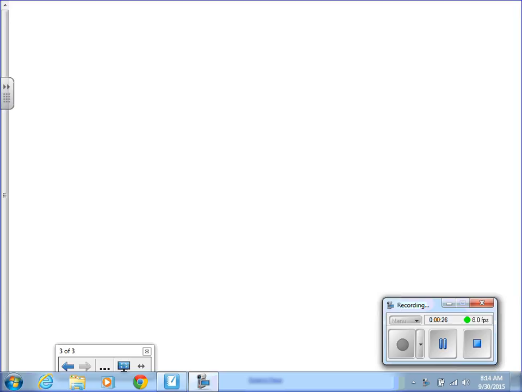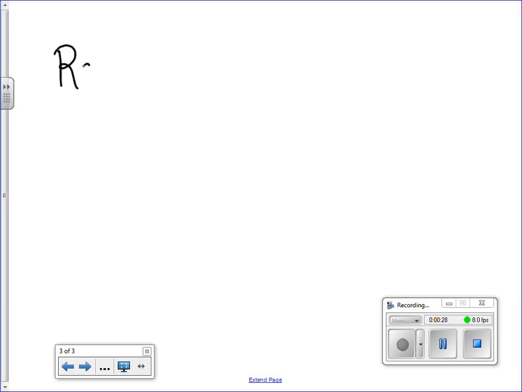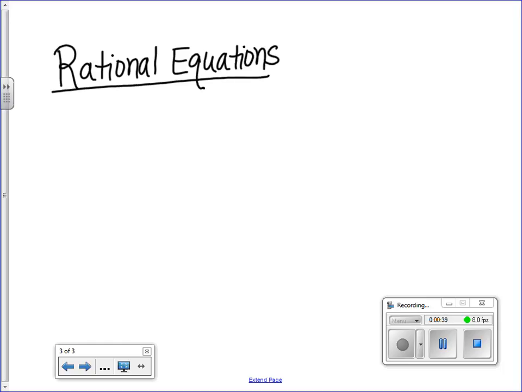We're going to start with rational equations. A rational equation is just an equation that contains a rational expression.